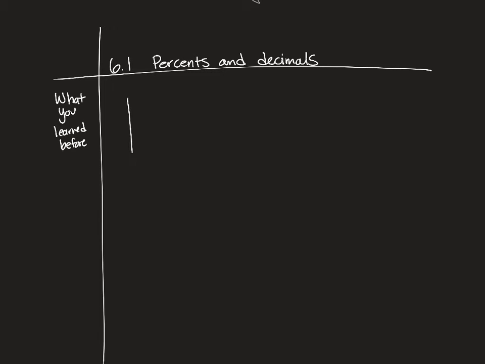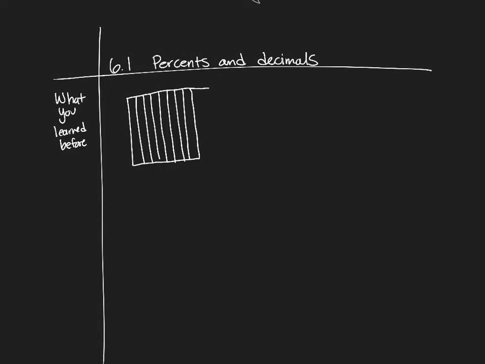So let's say you're given a shaded box. So let's say that there are 10 rectangles in here. 1, 2, 3, 4, 5, 6, 7, 8, 9, 10. Cool.